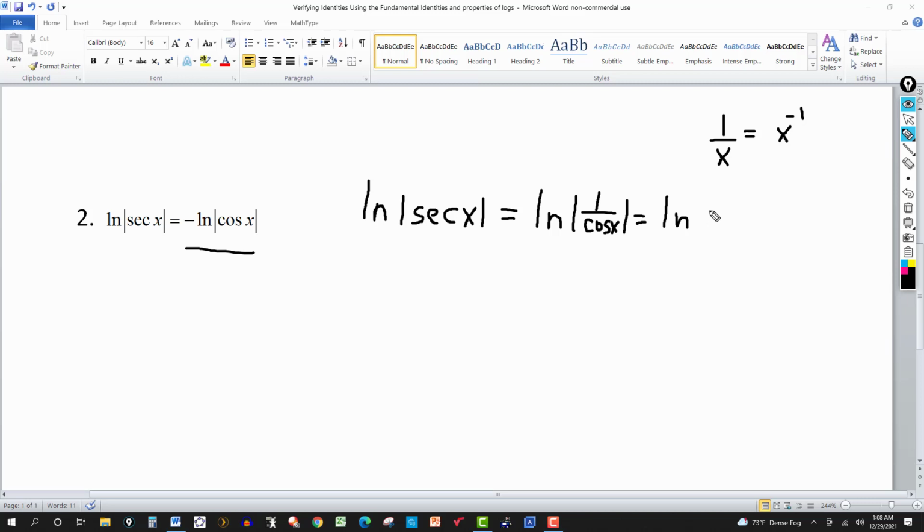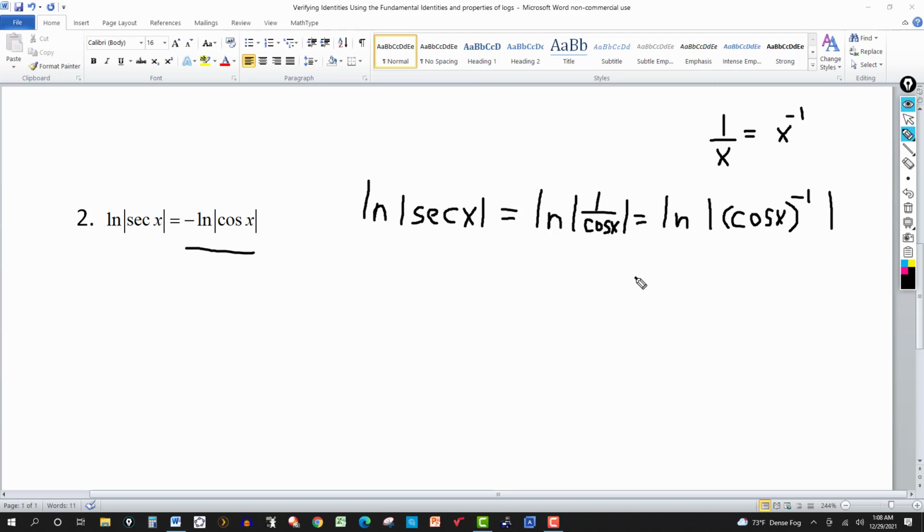So I can rewrite this then as natural log of absolute value of cosine of x, and I'll put that in parentheses to the negative 1, and then close the absolute values here.